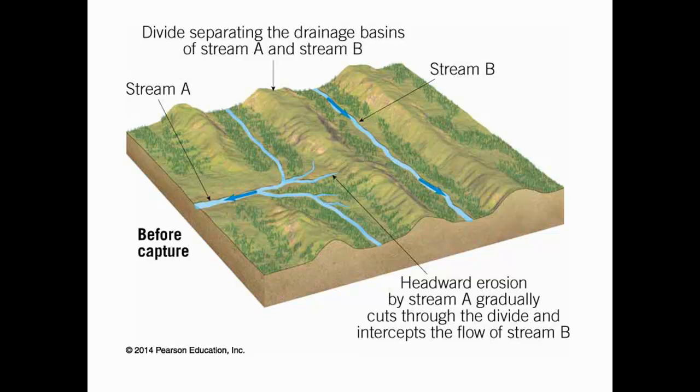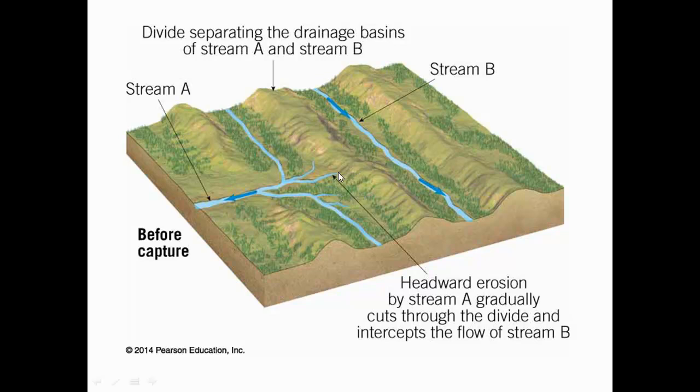In this example, we start out with two streams, A and B, which occur in different drainage basins. But if we focus on the tributary of stream A, notice that tributary is gradually eroding back via headward erosion.